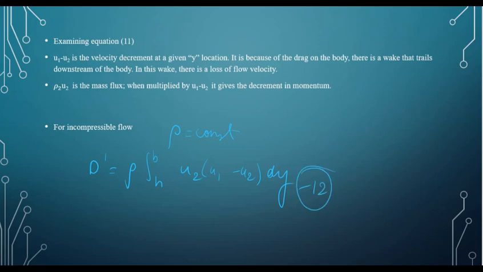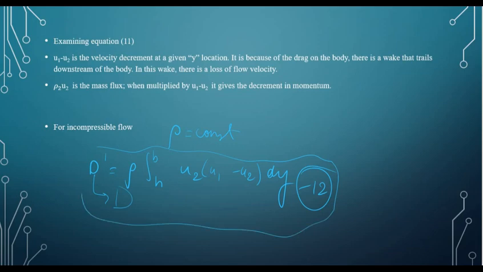So this equation 12 shows the measurement of velocity distribution across the wake of a body. This velocity distribution across the wake of a body can give me the value of drag which is being exerted on the body.